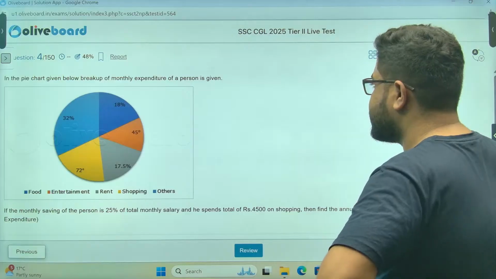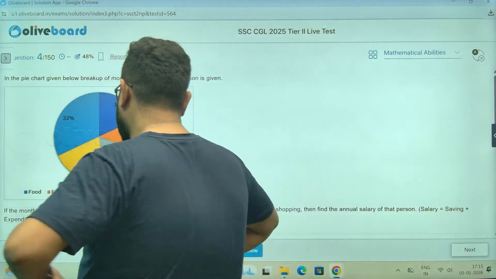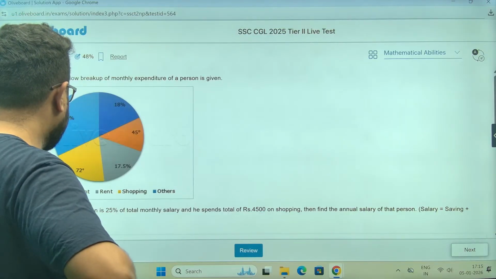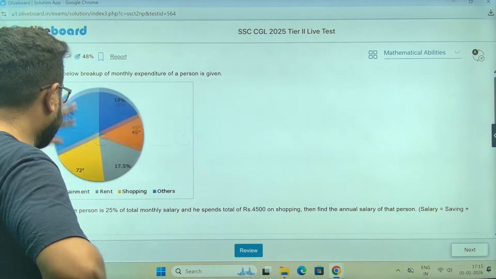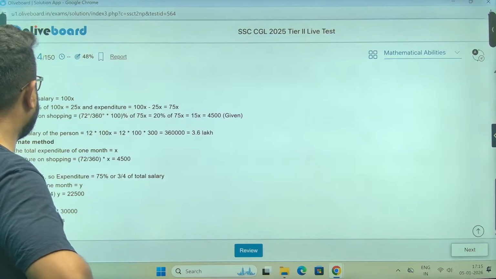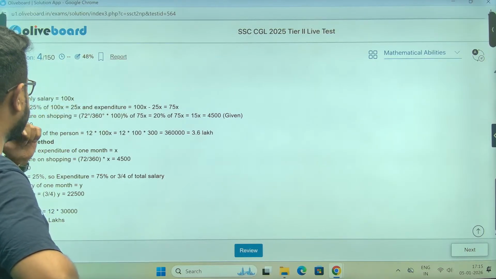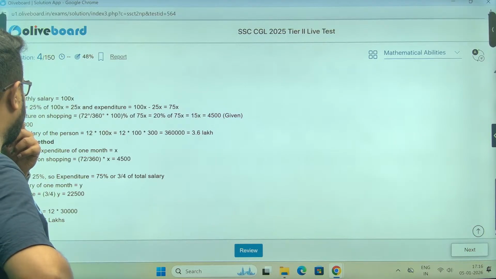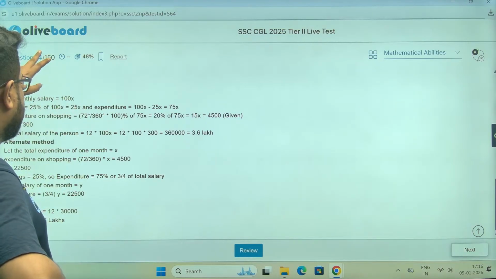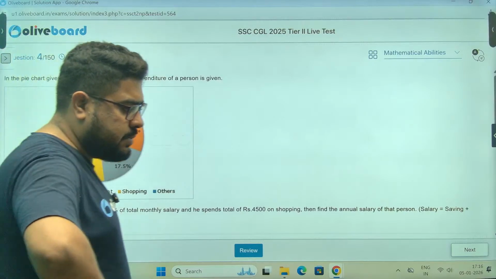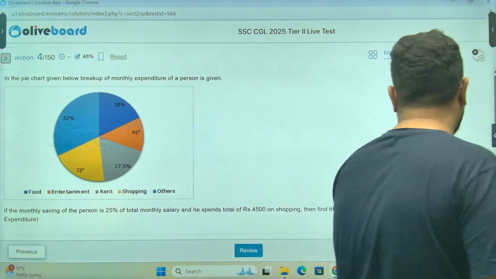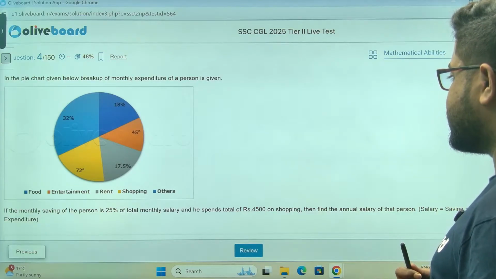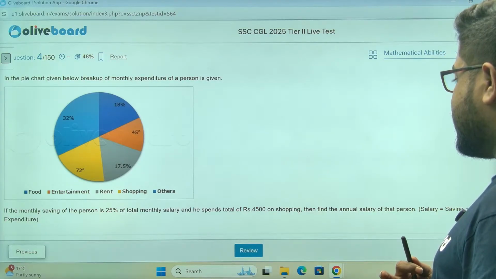It cannot be this. Food, entertainment, rent, shopping, others. Only the expenditure has been given. They have done 100x, 25%, 75x. Of that, they have taken. I am not getting it. But again, I should get the same thing. No, there is some issue in the question. We have done it twice. Both the times, I got the same answer.